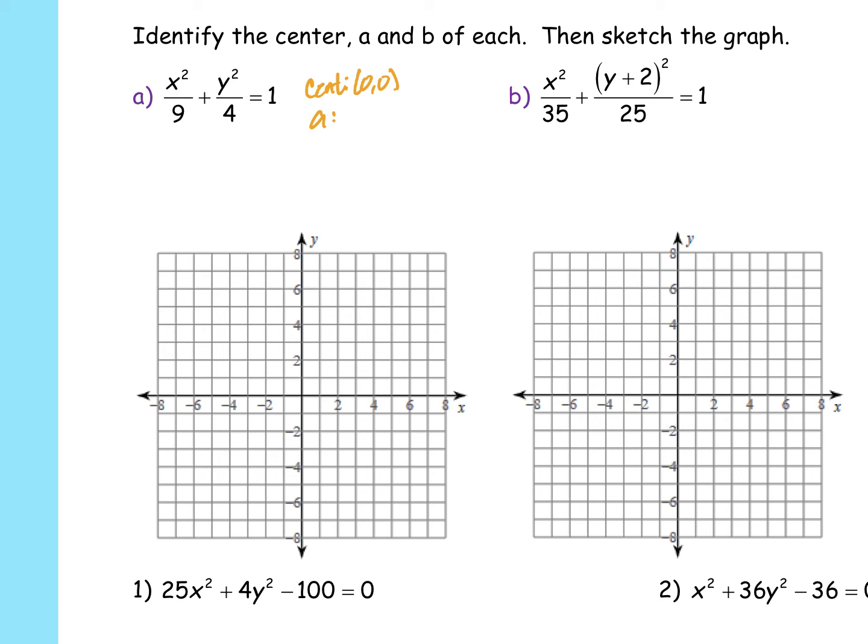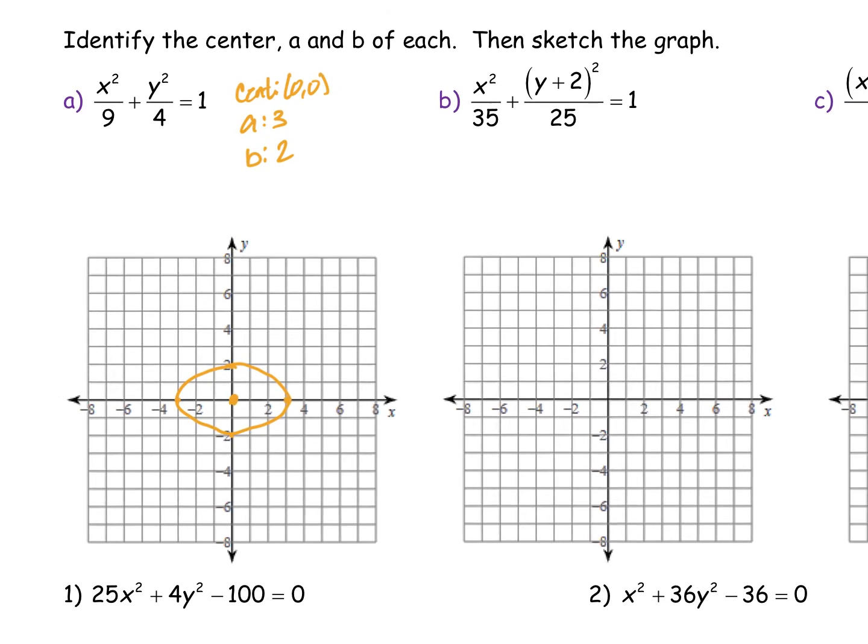A is 3 and B is 2. Is that right? Okay, 0, 0. 1, 2, 3, and 1, 2. Oh, that was almost a really good one. Okay, so number B.